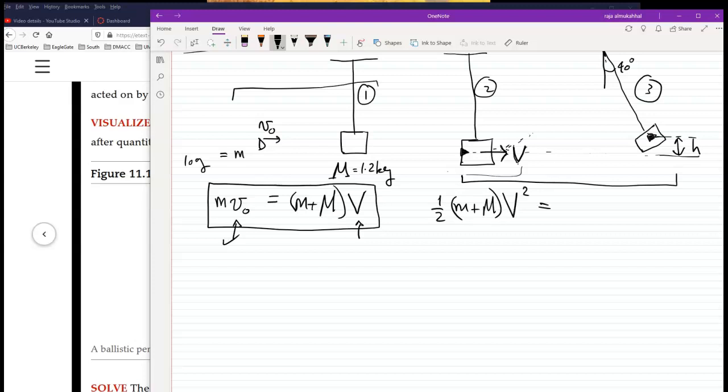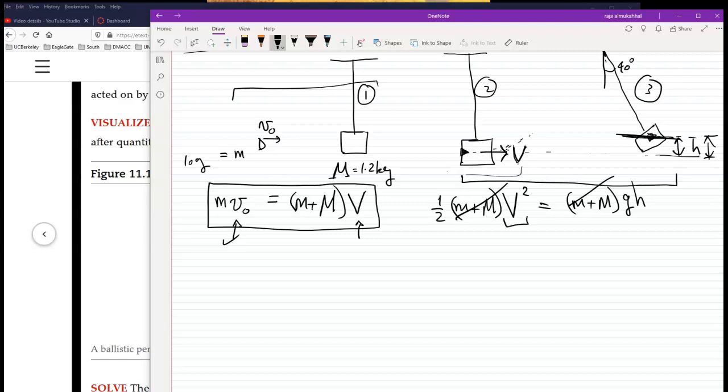Then they stop right here, and all of it has been converted into potential energy. You know, this is the subject of our previous chapter. So that's equal to (m bullet plus m block) g H, where H is the height that has been gained here. The masses cancel out, which is nice.